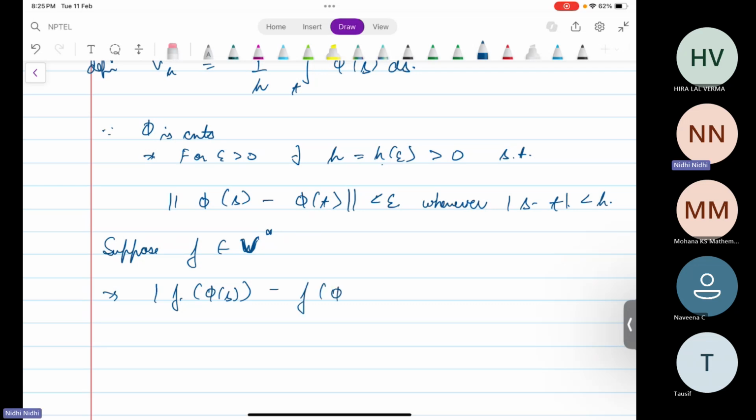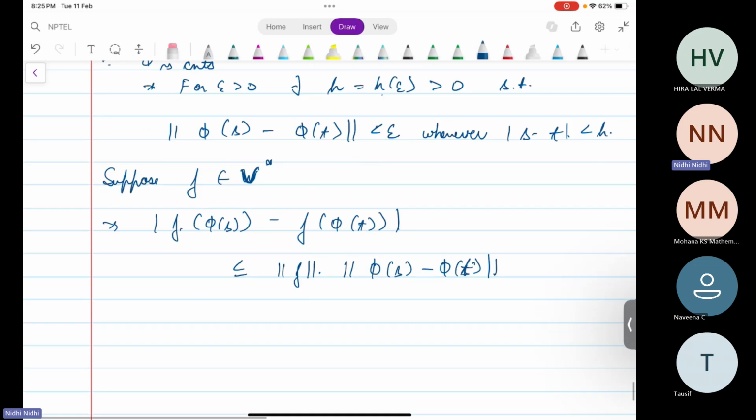Now this is less than or equal to norm f, because f is a linear functional, times norm phi s minus phi t, which is less than epsilon times norm f whenever mod s minus t is less than h.